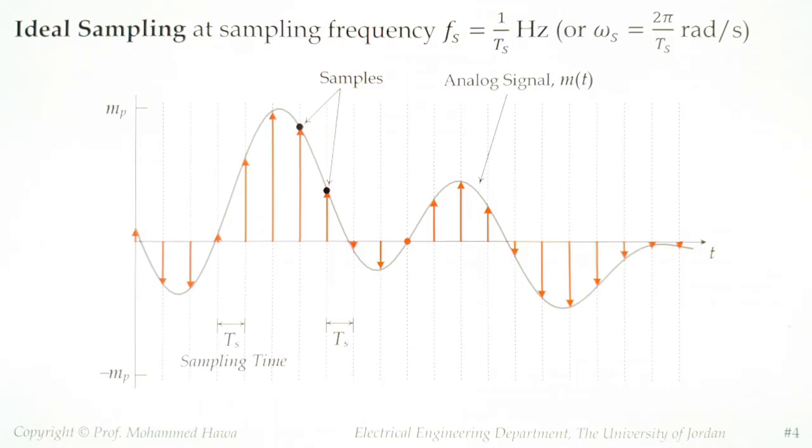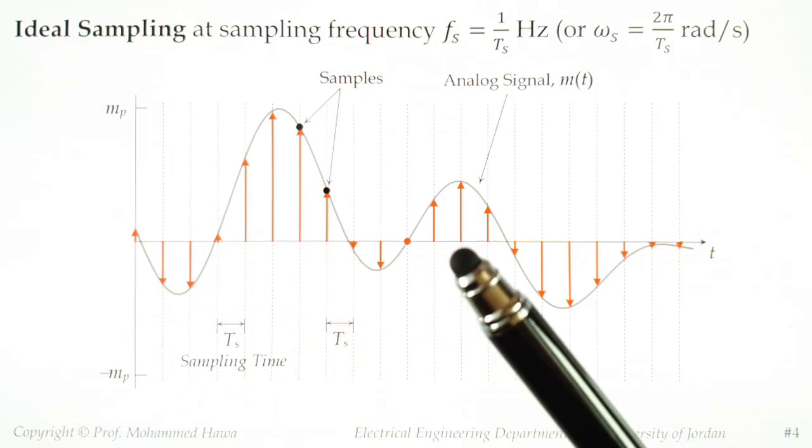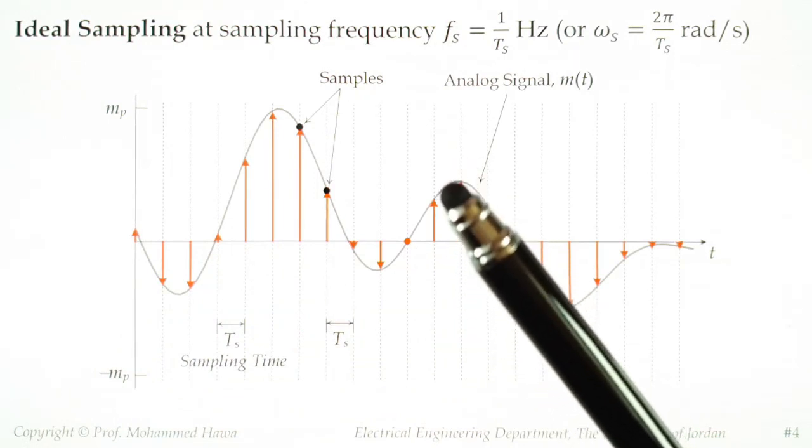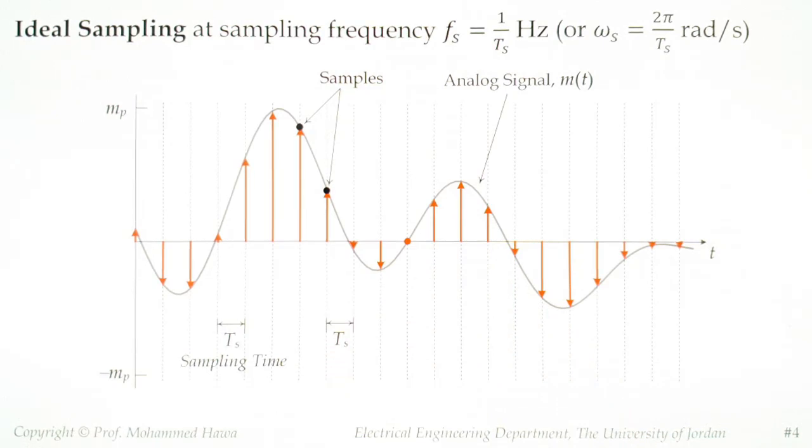A word of caution before I proceed. This process is known as ideal sampling because I cannot create impulses in real life. Impulses go to infinity in 0 time and then come back from infinity. This cannot be built using practical hardware. However, using impulses is quite convenient mathematically speaking, so I'm going to explain ideal sampling.